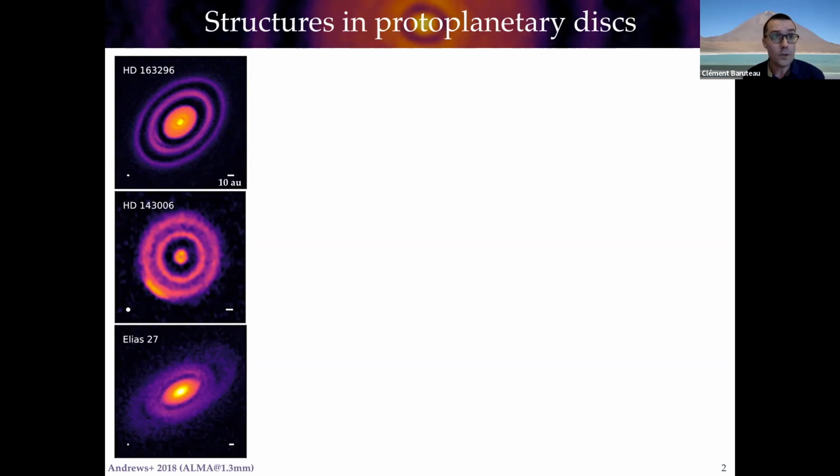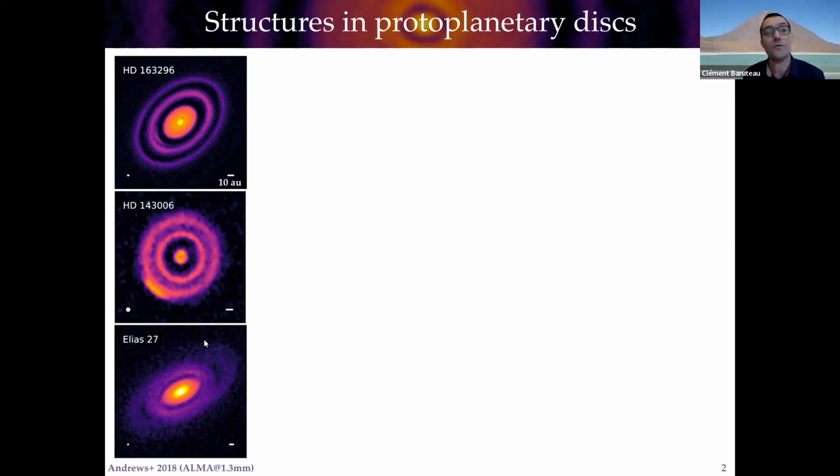You can see, for instance, a sequence of dark and bright rings in the continuum emission, again at millimeter wavelengths. Sometimes the emission can be non-axisymmetric, so you see crescent-like structures, like in the second disk in this zoo of images, and you even see some large-scale spiral structures. So there's really a diversity of structures that we see in the disk continuum emission.